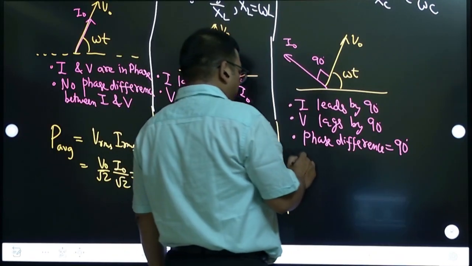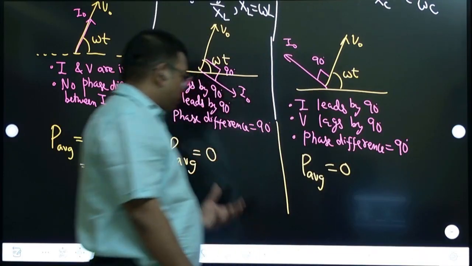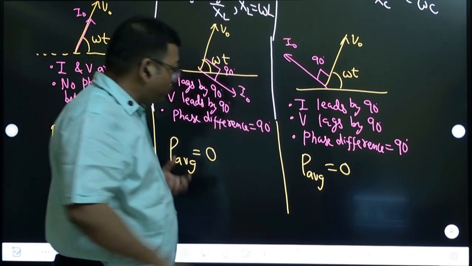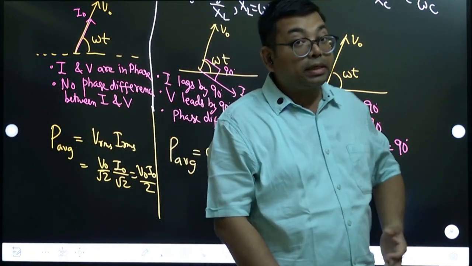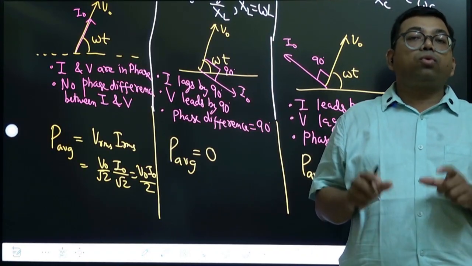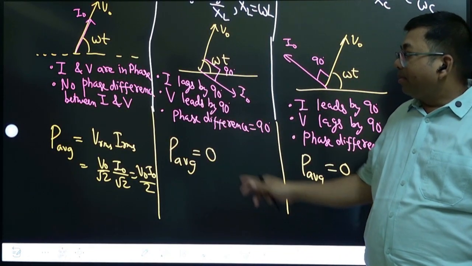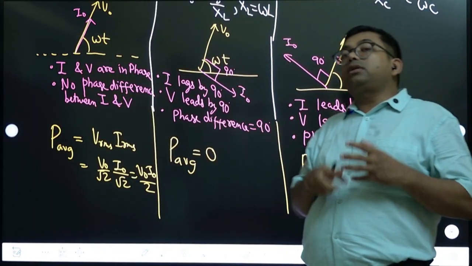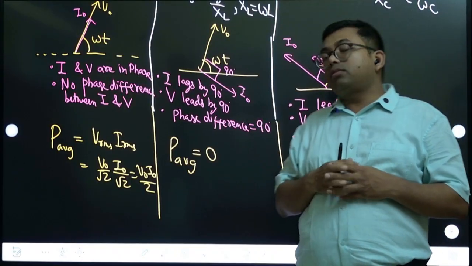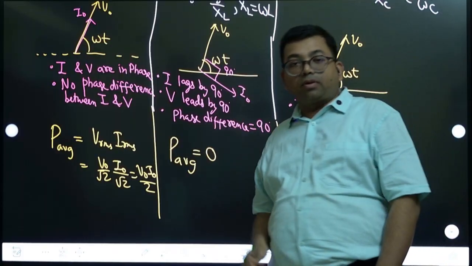Here also average power is going to be 0. We are doing the calculation over one cycle. So whether you take a purely inductive or purely capacitive circuit, average power over one full cycle is 0. But in a purely resistive circuit there is average power, that is V naught I naught by 2. Clear? I think up to this much we have covered.